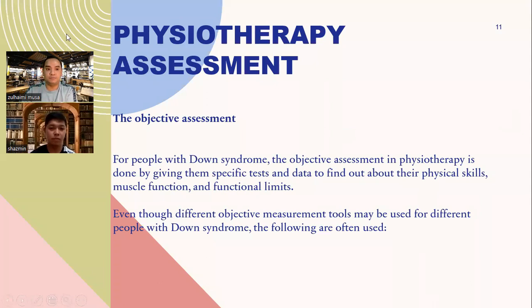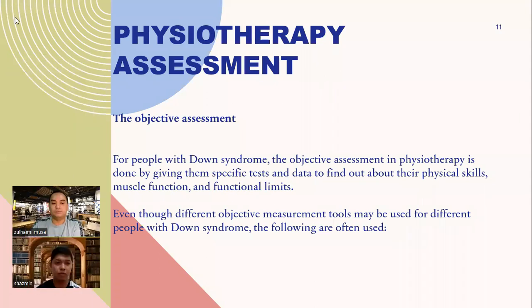Okay, please. Good afternoon, good evening. For the physiotherapy assessment, I will be talking about the objective assessment part. Before we assess the patient, we already took the consent from the mother.